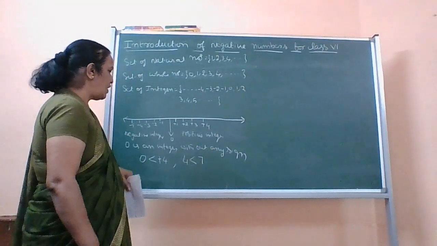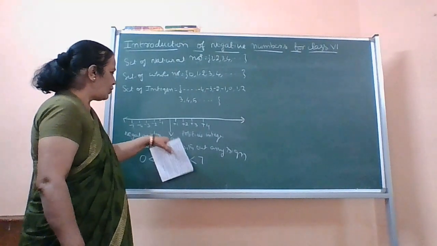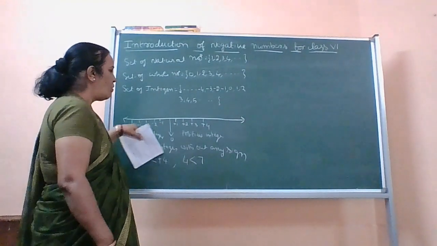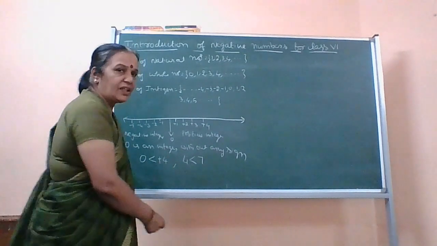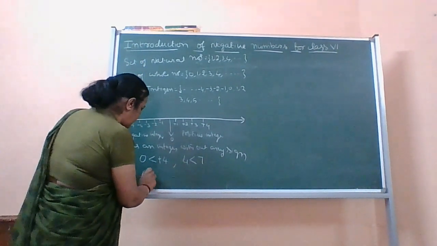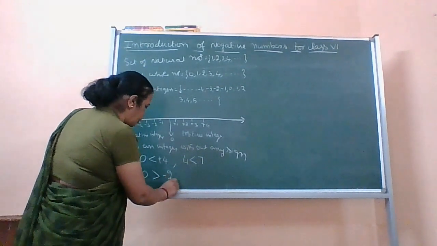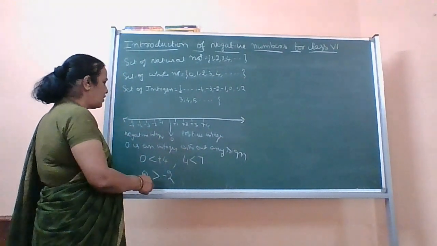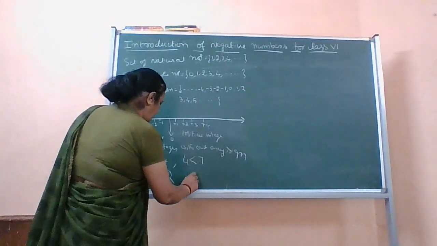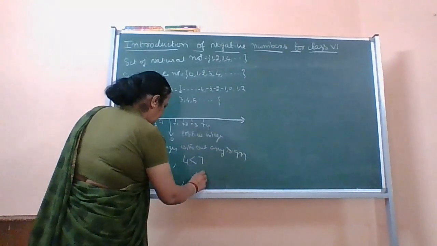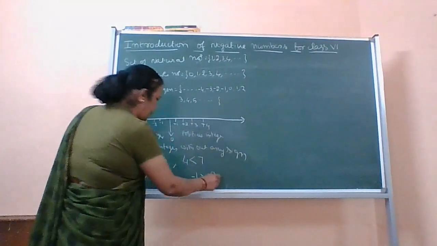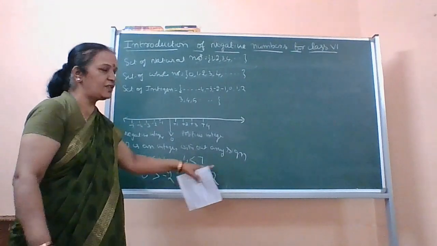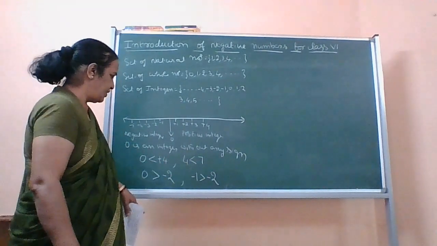If we consider minus, 0 is greater than all the negative numbers. That is, 0 is greater than minus 2. And minus 1 is greater than minus 2.